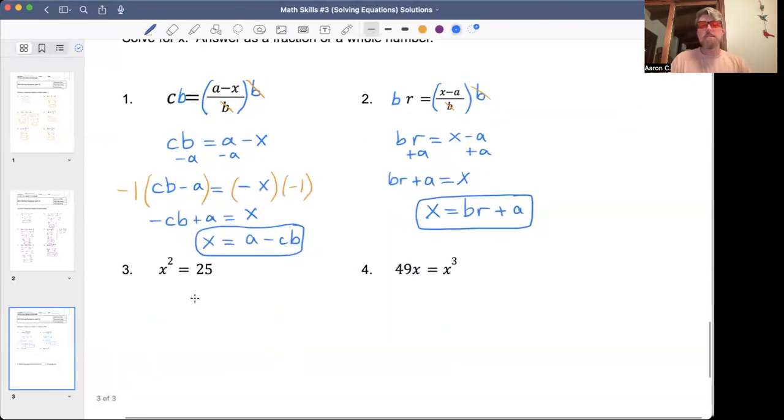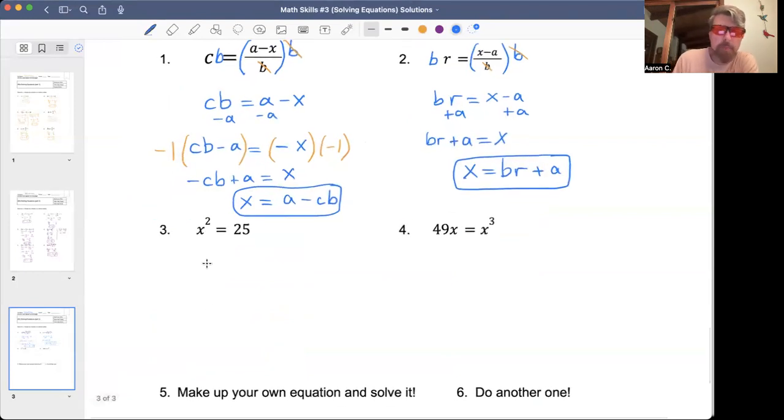All right, now we have X squared equals 25. And the cool thing about this, now we're going to work with square roots. I'm going to rewrite this down below just to make it a little easier to see. If I want to solve this, I can actually take the square root of both sides of the equation. And so the square root undoes the squared, so that just makes it x.